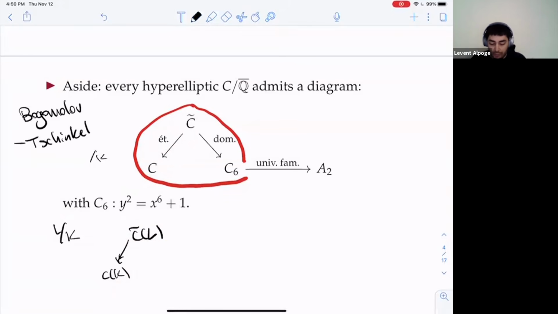So we start with a hyperelliptic curve and a number field K, and we produce this thing, and we say, okay, these points all lift to this strange étale cover. But then I can map those points down to this C6. And what does this buy me? This buys me that if I want to know about the K points on this curve, I can just try to solve the problem for this one curve.